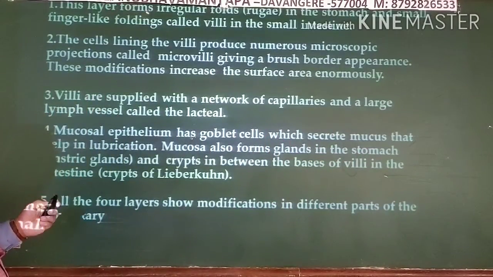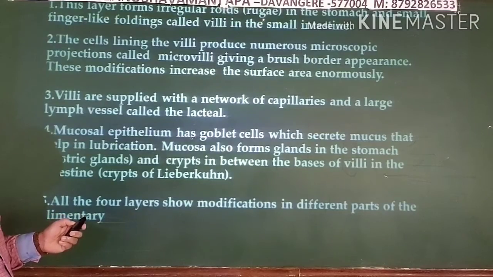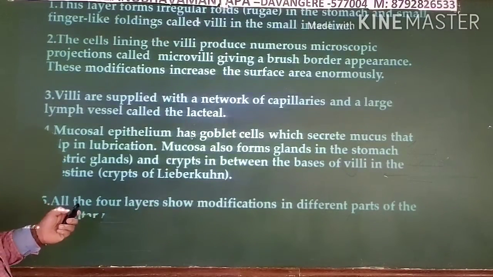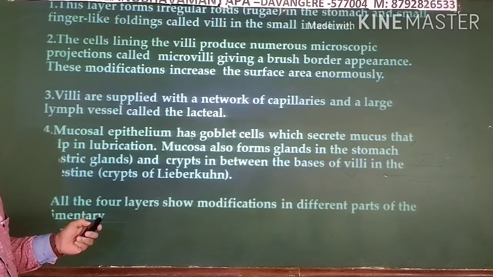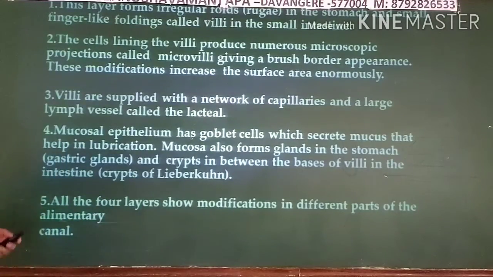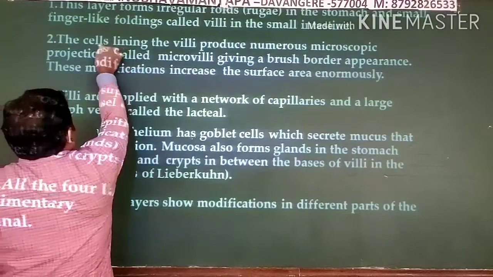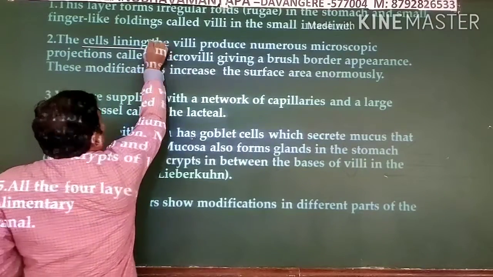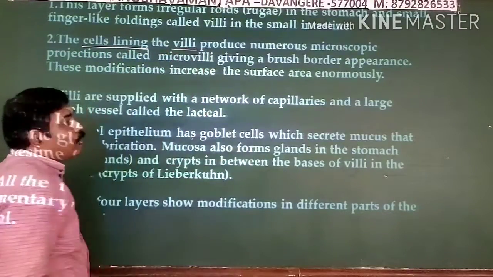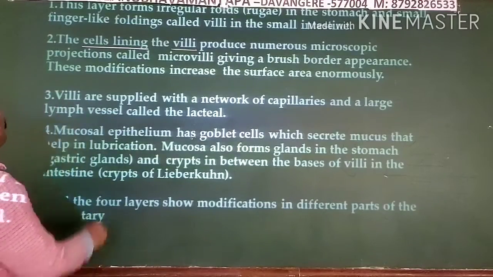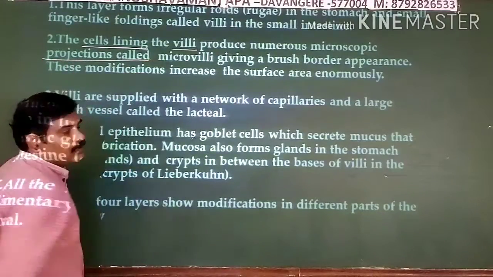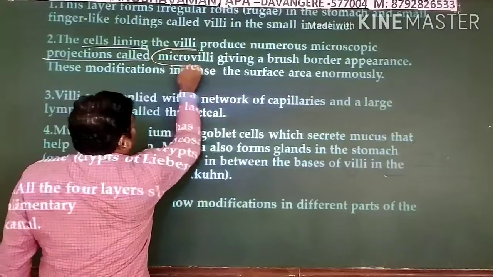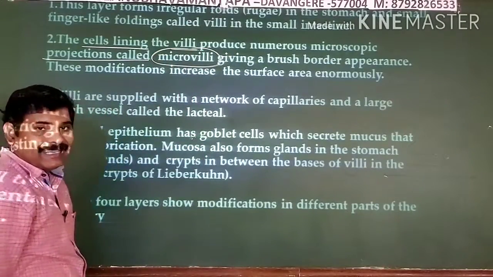This layer forms irregular folds, rugae, within the stomach, and in the small intestine the finger-like villi will be formed. That is one thing. Thereafter, the cells lining the villi produce microscopic projections, a very important thing, which we call microvilli, right?